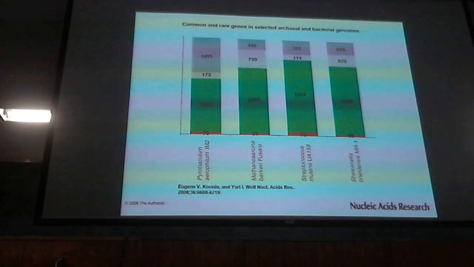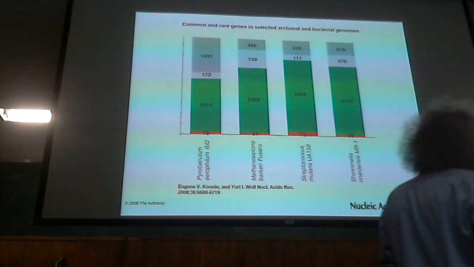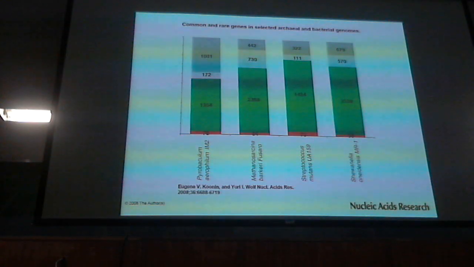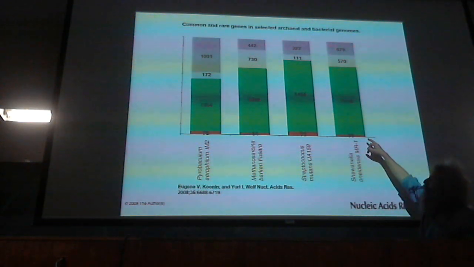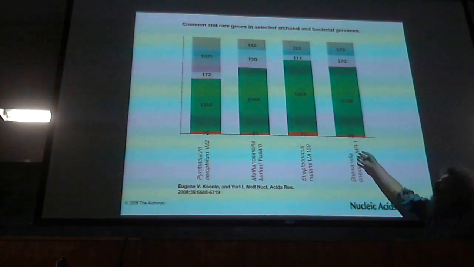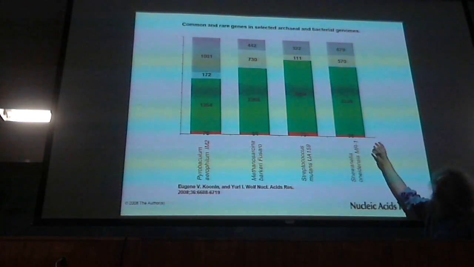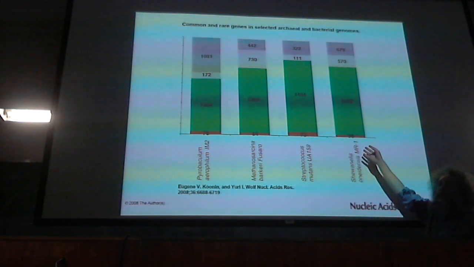Okay, and possibly the last plot is that if you look at a single genome, what do you see? You see less than 100 absolutely conserved genes, which are universal or almost universal throughout all prokaryotes.